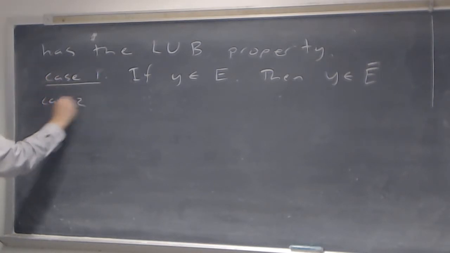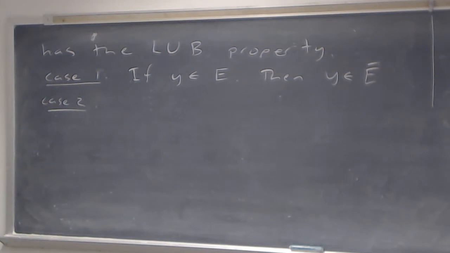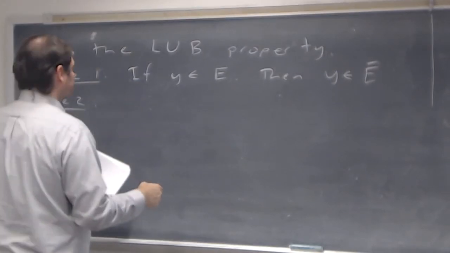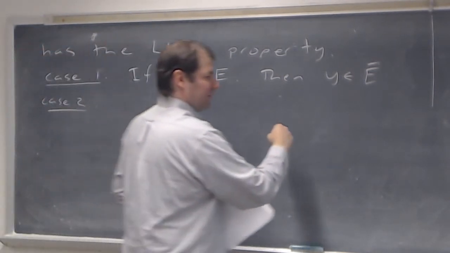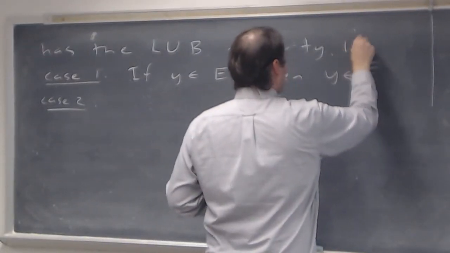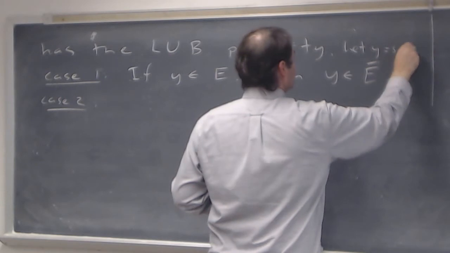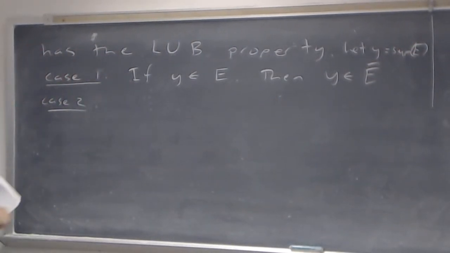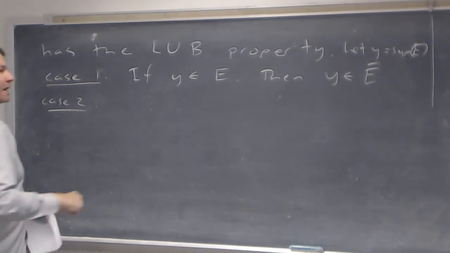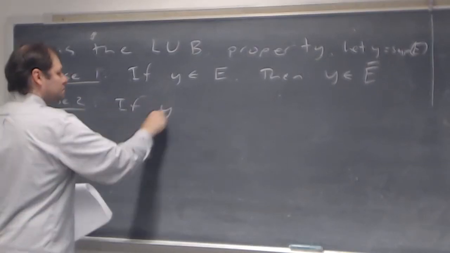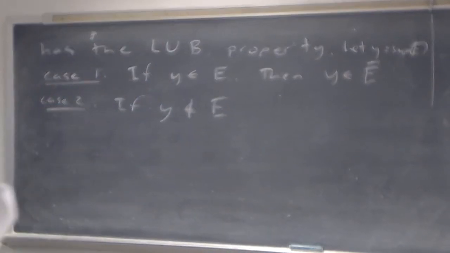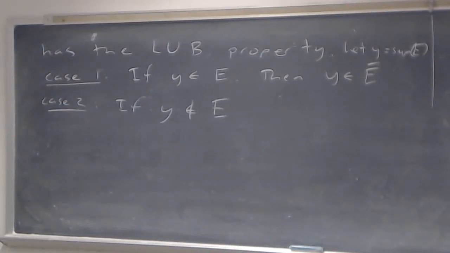Case 2, we're going to suppose that y, the supremum, so let y equal the sup of E. If y is not in E, then what we've got to show is y is a limit point of E.